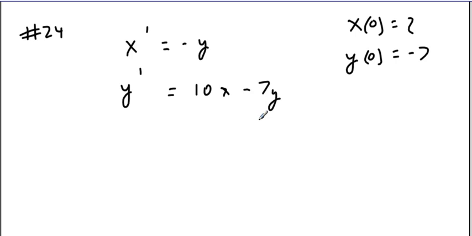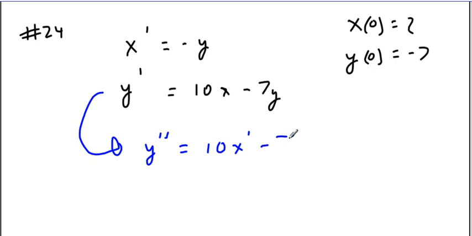Okay, so we'll use this guy here first and say that y double prime is equal to 10x prime minus 7y prime. Well, we're not going to do that.